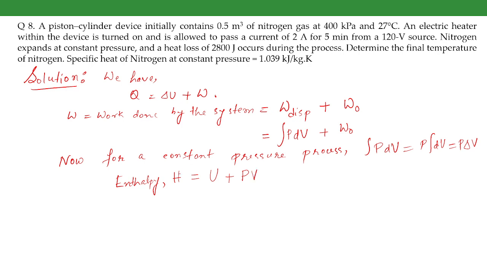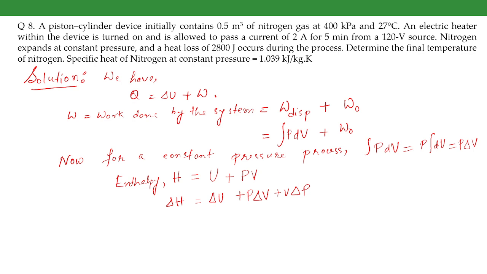So at any instant, enthalpy is the sum of the internal energy at that instant plus the product of the pressure and the volume of the system at that instant. We can write the change in the enthalpy as delta U plus P delta V plus V delta P. This is just operating the delta operator on PV.